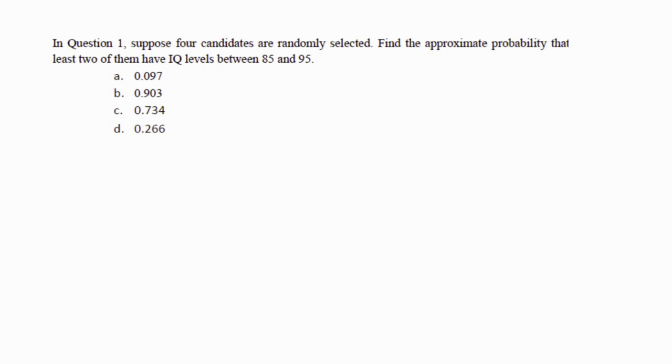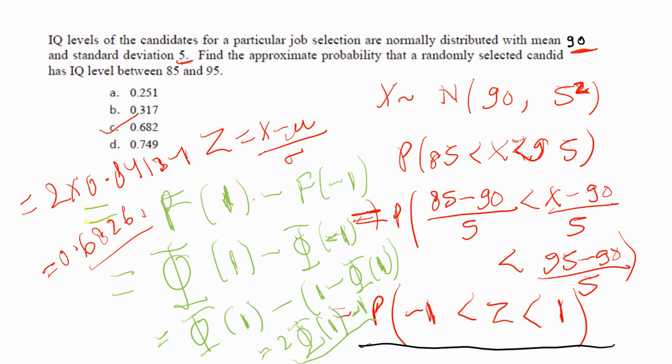We are conducting a survey and selecting these four candidates randomly. Now we want to find the probability that at least two of them have IQ levels between 85 to 95.